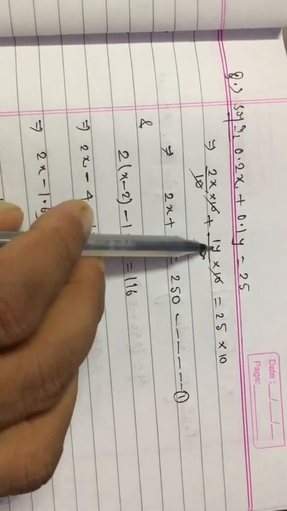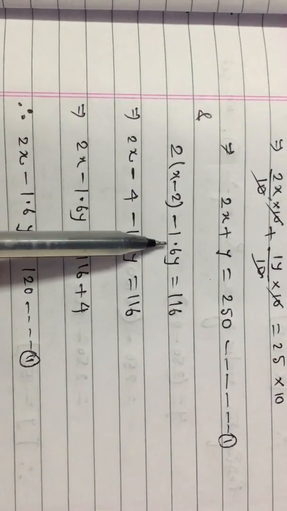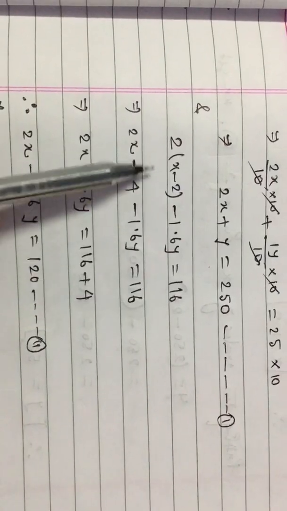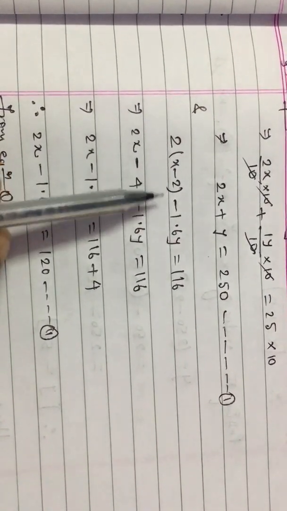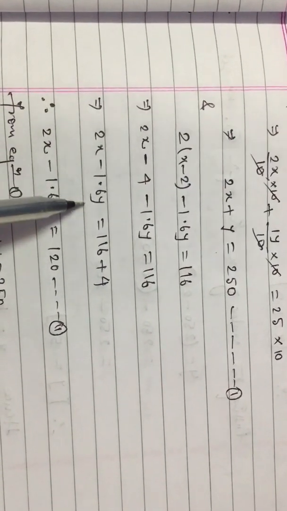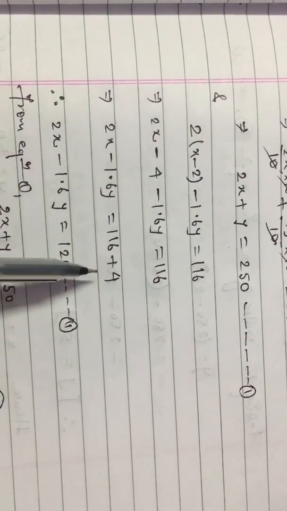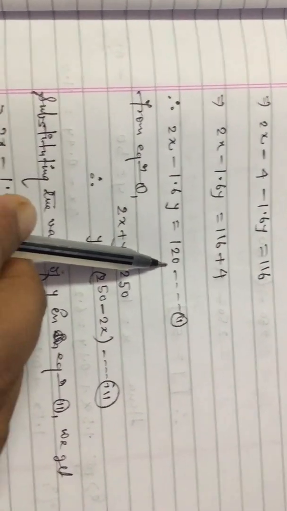So 2x plus y is equal to 250. The second equation is 2 into (x minus 2) minus 1.6y is equal to 116. Now open the bracket: 2x minus 4 minus 1.6y is equal to 116, and taking 4 to the other side, 2x minus 1.6y is equal to 120.